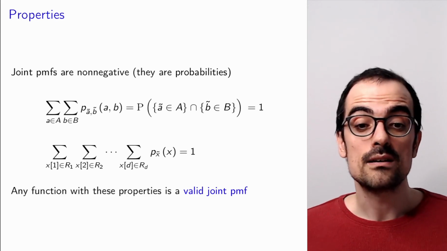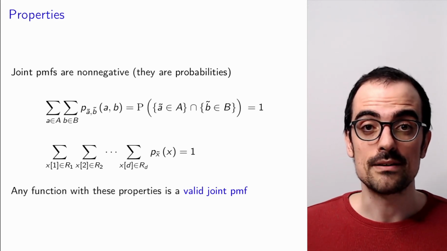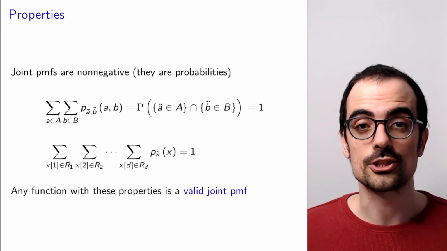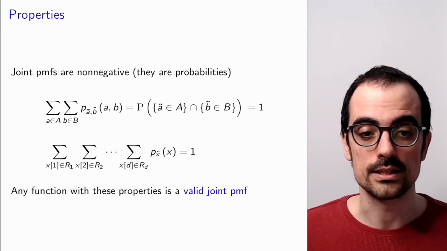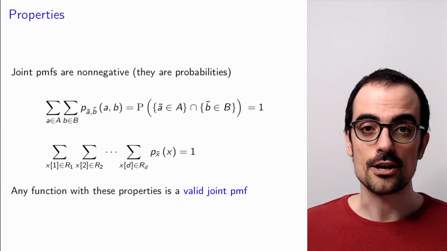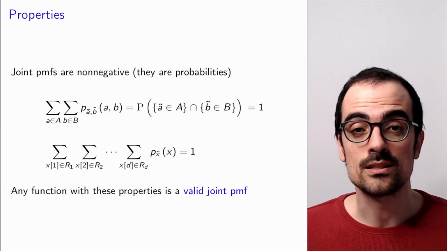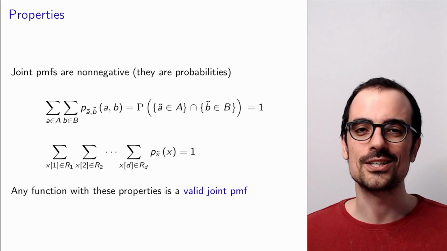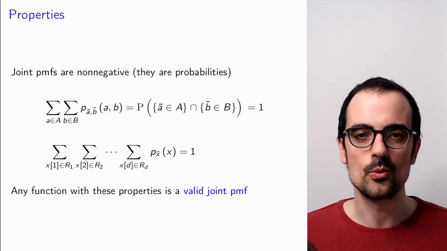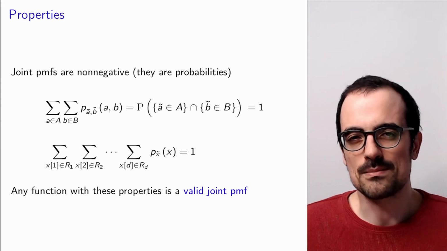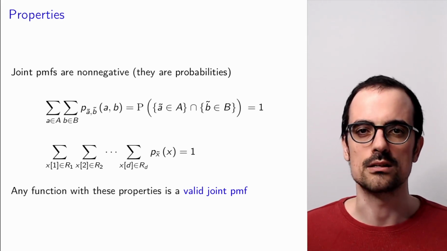This is actually enough to be a valid joint PMF in itself. So if you encounter a function that is non-negative and sums up to 1 over all its possible arguments, then this is a valid joint PMF, because you can go ahead and reverse engineer a probability space, even though we never do that, in a similar way to how we discussed for a single random variable.